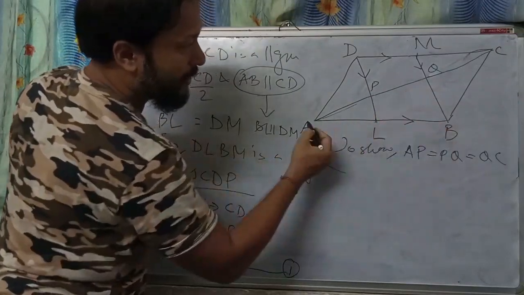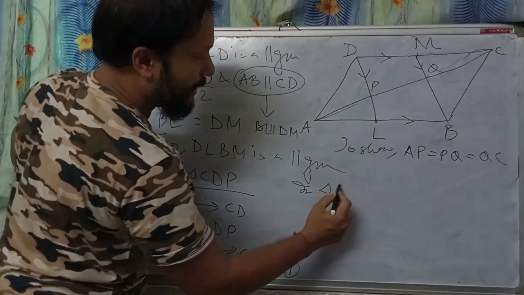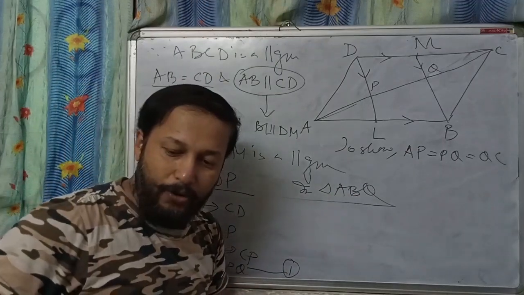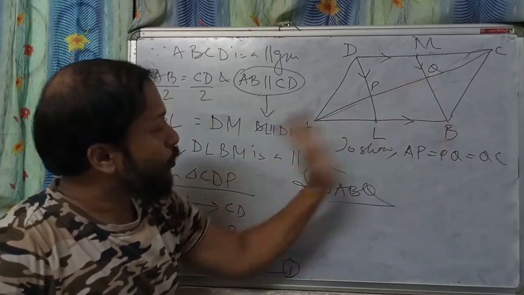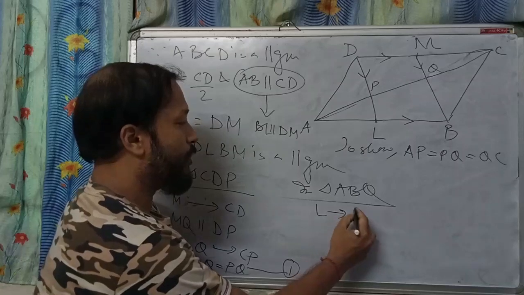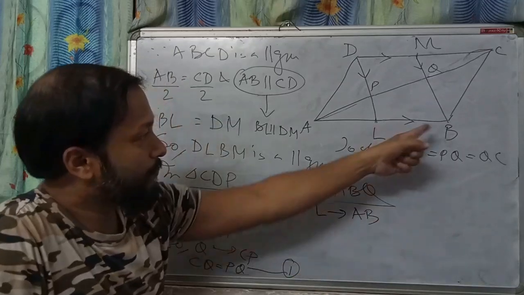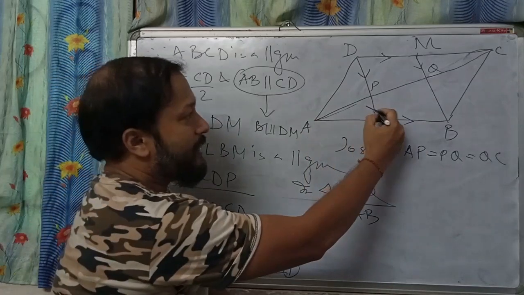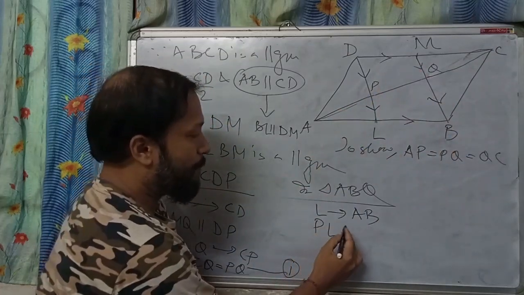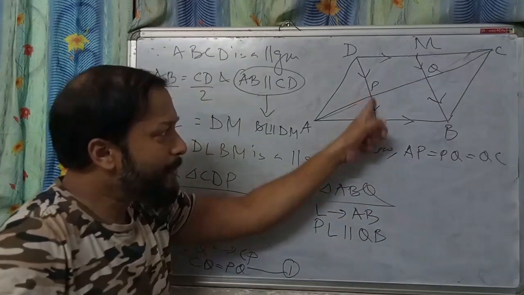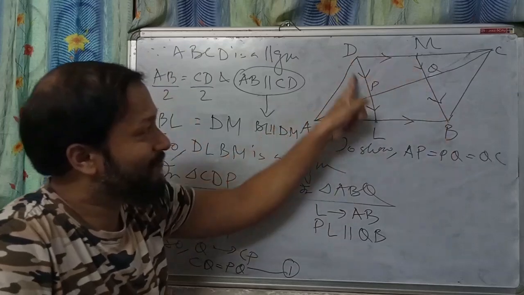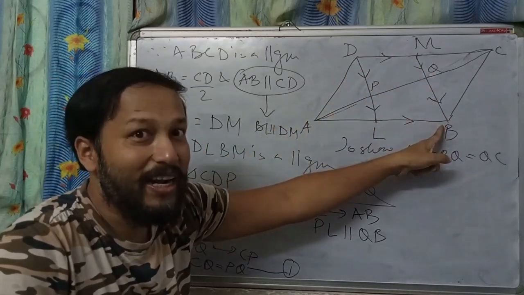Now we'll take triangle ABQ. In triangle ABQ, L is the midpoint of AB, that is given in the question. And PL is parallel to QB, because this is a parallelogram, and these two sides are parallel.